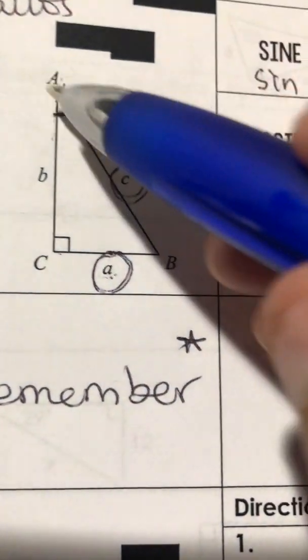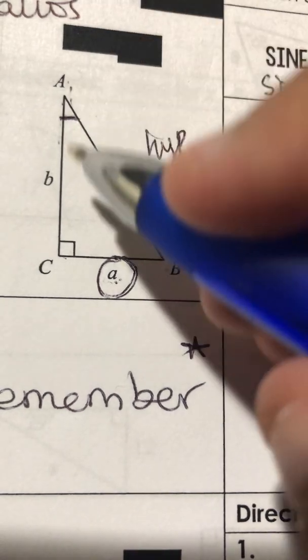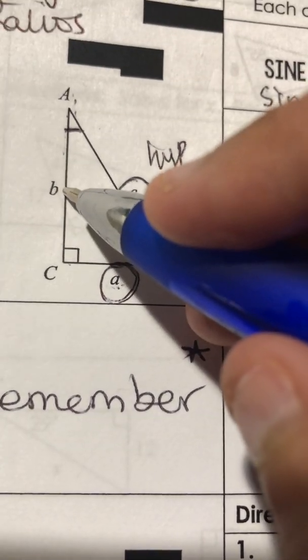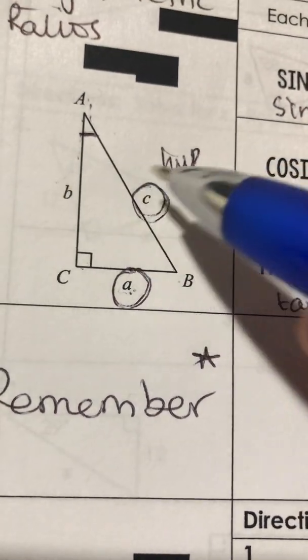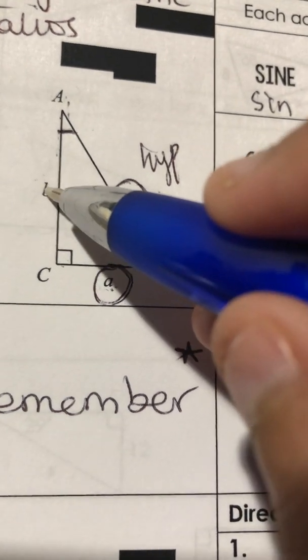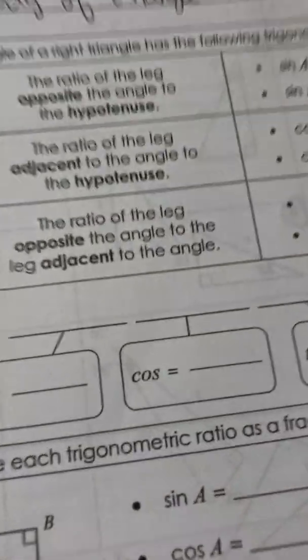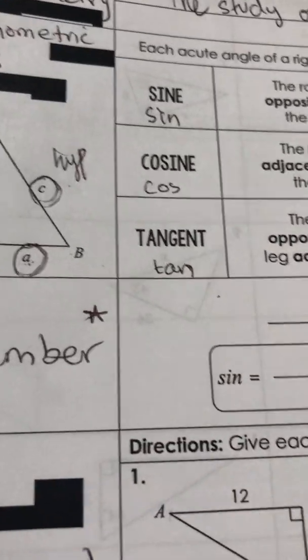The side adjacent to angle A is this. So for cosine, it would be the adjacent side over the hypotenuse, so cosine of A would be B over C.